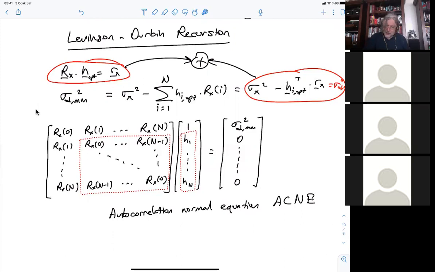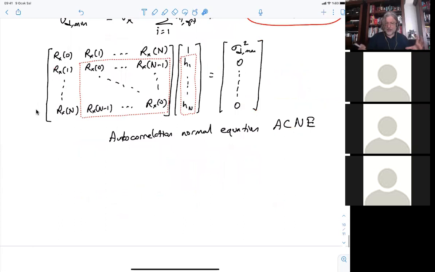Now, this autocorrelation normal equation, if you have this kind of a construction, it starts from the smaller autocorrelation normal equation, and there is a methodology, a recursive way of making it larger and larger. And the smallest is this.